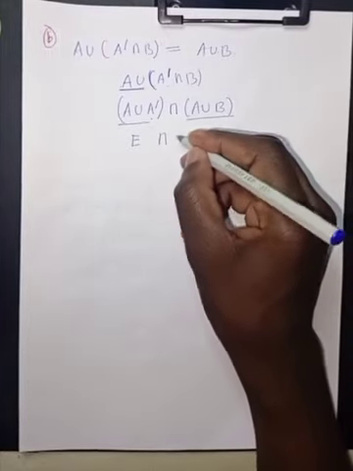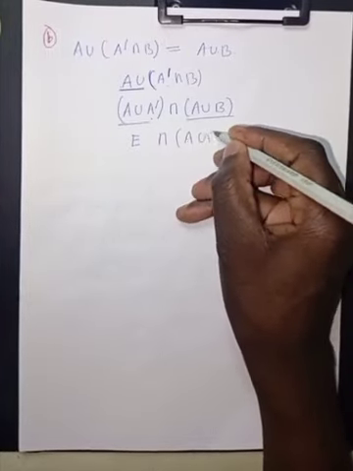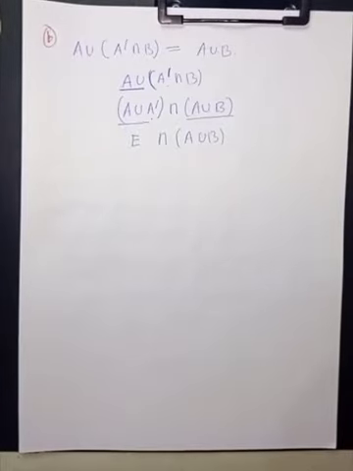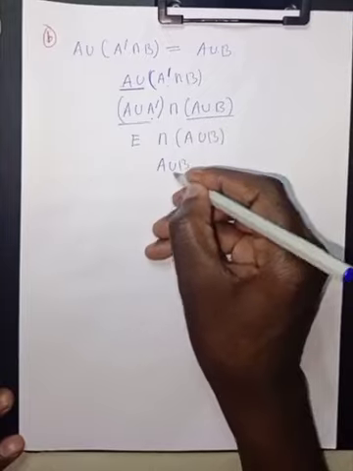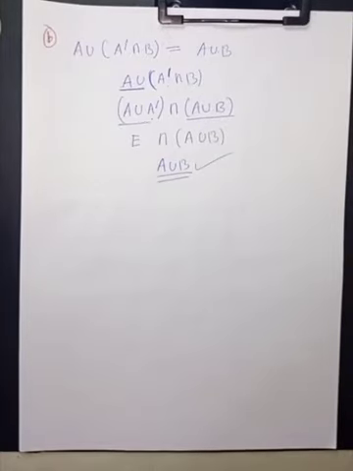So universal set intersection A union B. Okay. And we said that intersecting any set with a universal set, the answer is that same set. So here, A union B intersection universal set, the answer will be the same A union B. Meaning we have shown that again. So it's so simple if you just understand the properties and the laws of sets.